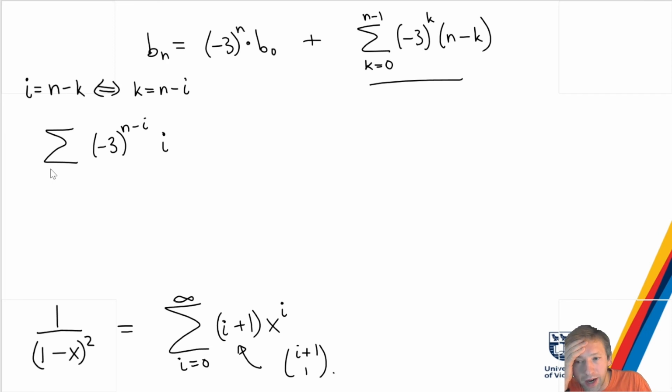Now we have to be a bit careful to recognize the limits of our summation. The sum is going to go from i equals 1 to n.